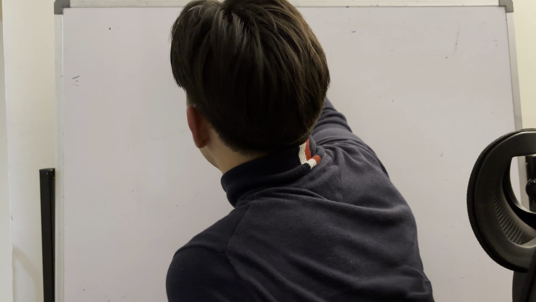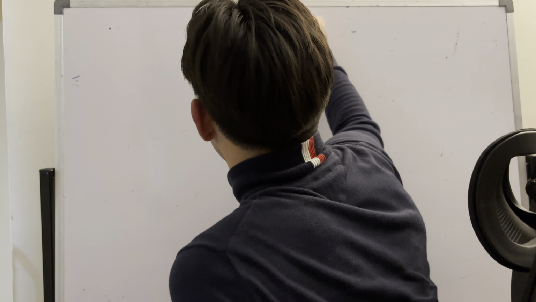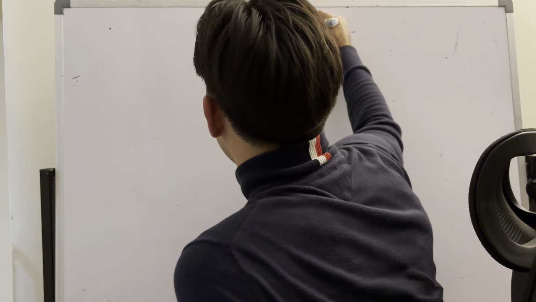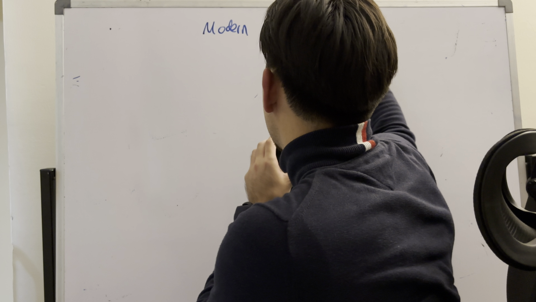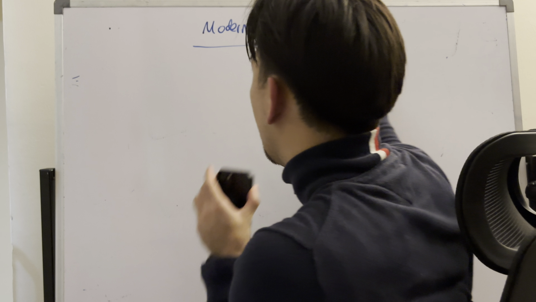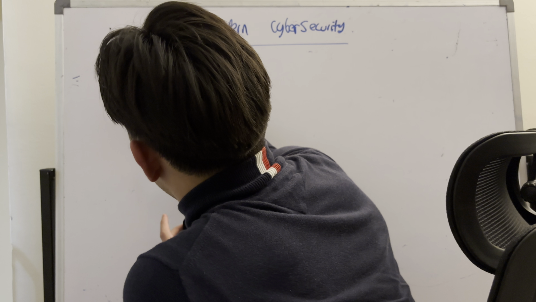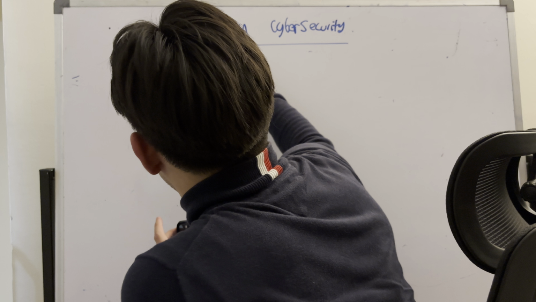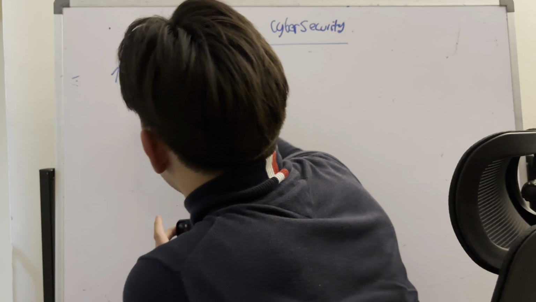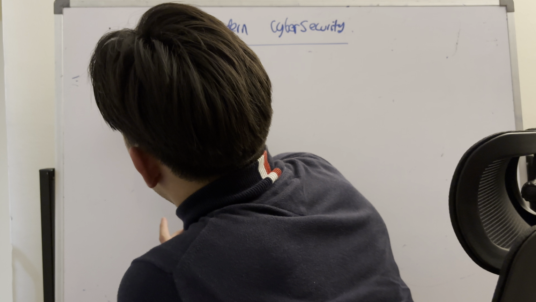Now, modern cybersecurity uses two fundamental concepts which I want you to understand, and they go hand in hand. The first is defense in depth, and the second is the zero trust principle.